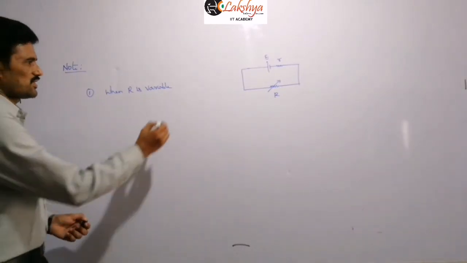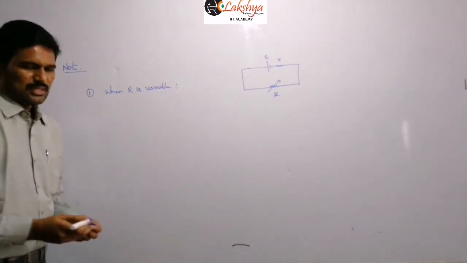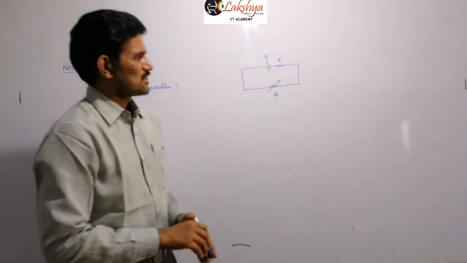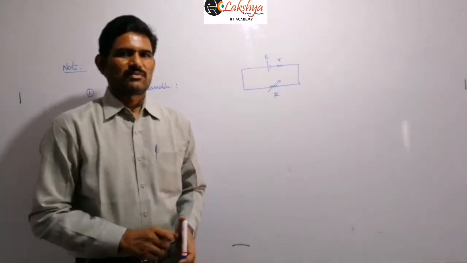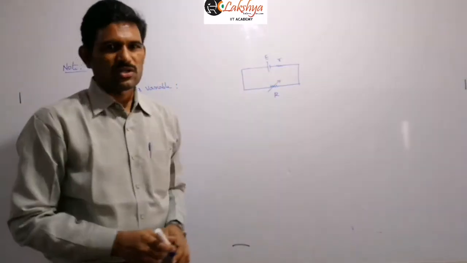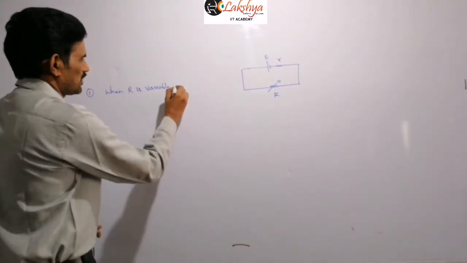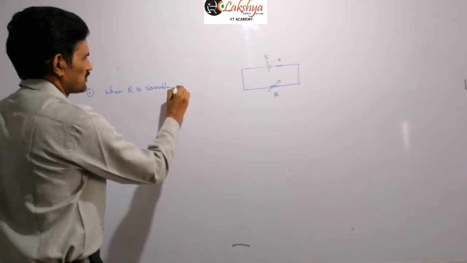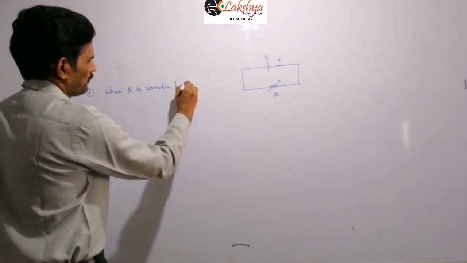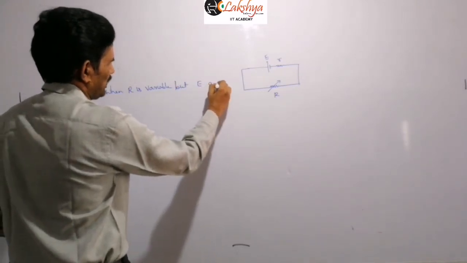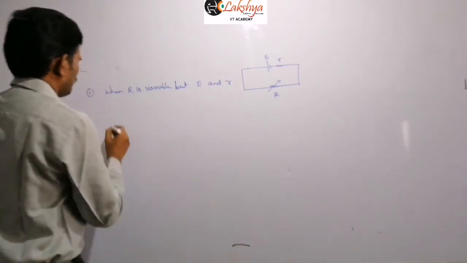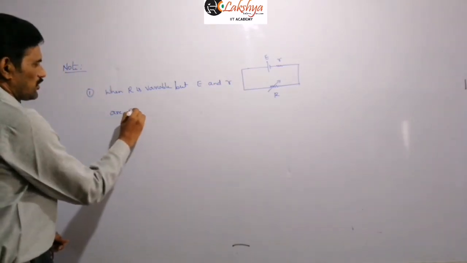That is the case we are taking here. When R is variable, the current in that circuit will be maximum when, that means these two are fixed. R is variable, but E and r are constants.